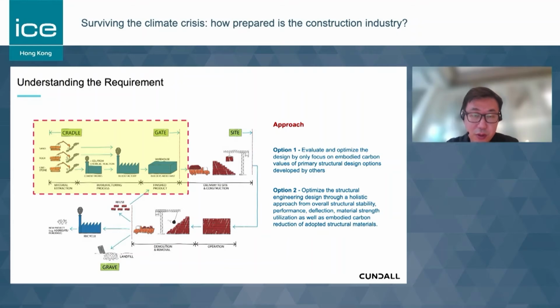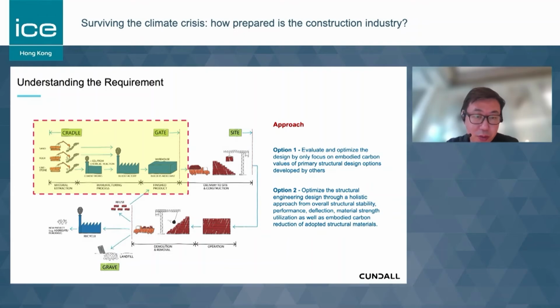There are two separate approaches, depending on the client brief. Sometimes with option one, we only focus on the embodied carbon counting while the structural design is carried out by other parties. We just help the client evaluate the carbon impact of each option. This is a more straightforward and simpler version.